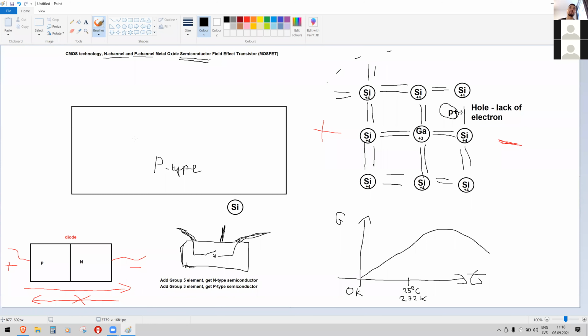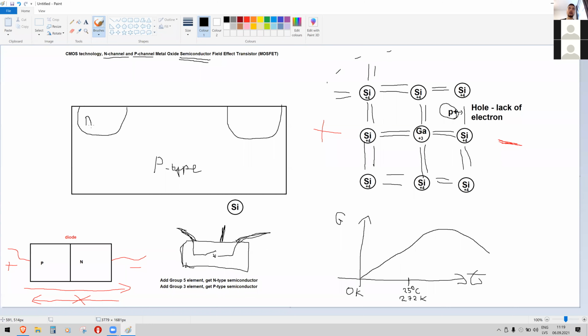Next thing is we take a fifth group element like phosphorus, and we strongly dope two regions right here, one pocket and the other pocket. And because we put, for example, 2 times more phosphorus than gallium, it turns from P-type into N-type.